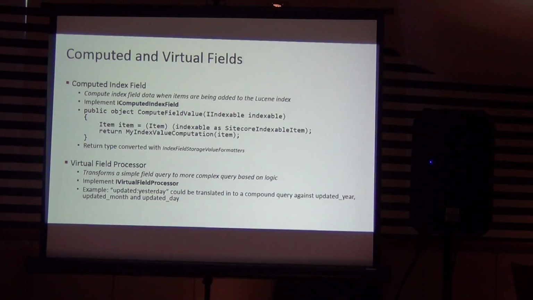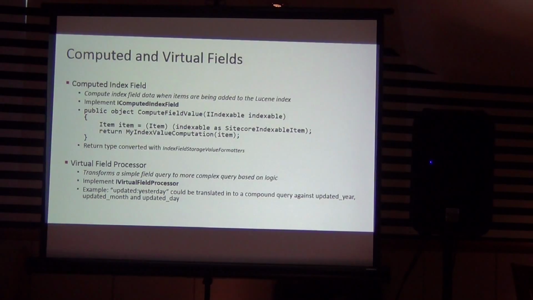You get in an indexable that you can, with a little bit of casting, turn into an item, and then you can work on that item. Here I've got an imaginary index value computation method that could bring back something.